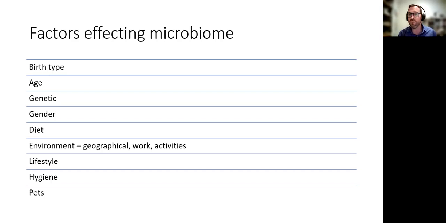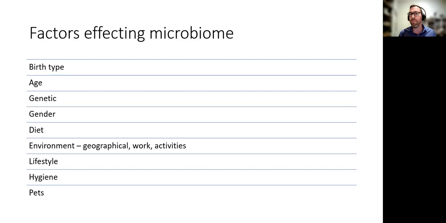So sweaty individuals, that can change their microbiome. Individuals that work in a very dry environment, that can change it. Your lifestyle, so things like smoking and sleep. We know lots of things that affect the microbiome. Hygiene and pets: pets and animals can have somewhat of a protective function when it comes to maintaining a good, healthy microbiome.